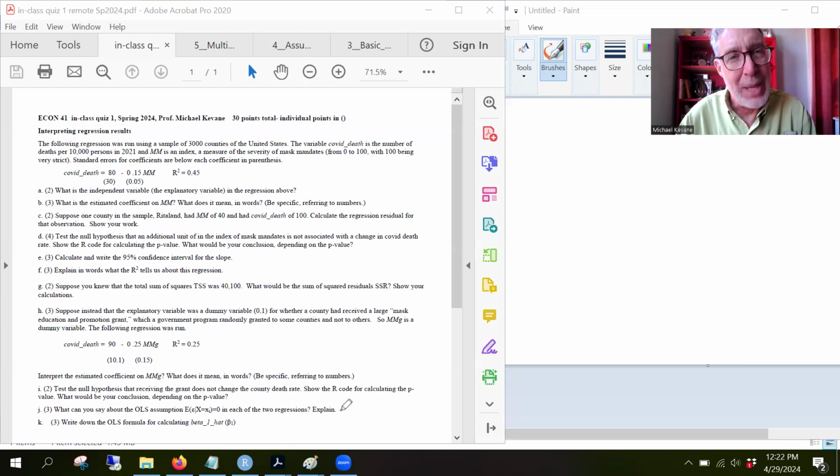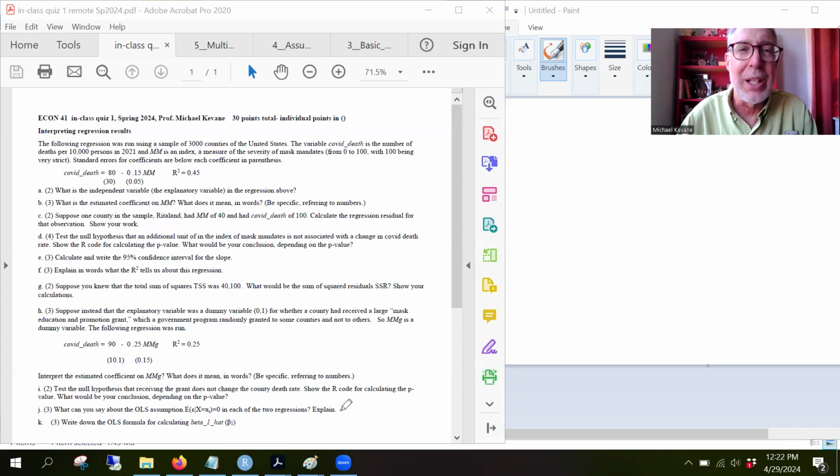Now, if the mask mandate grant has been randomly allocated, as in the second case, then by definition it's not correlated with anything. So the error term, that is all the other factors and the measurement error, is not correlated with whether you got the grant or not, because it was determined randomly. So the assumption is likely met, and we have no problem.